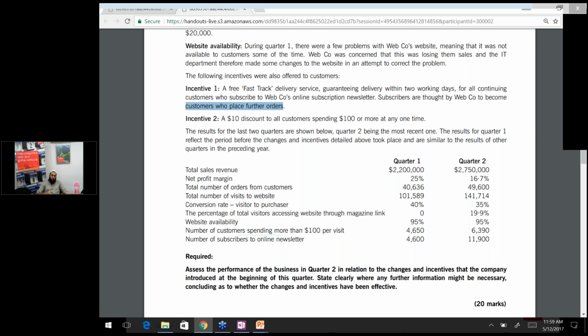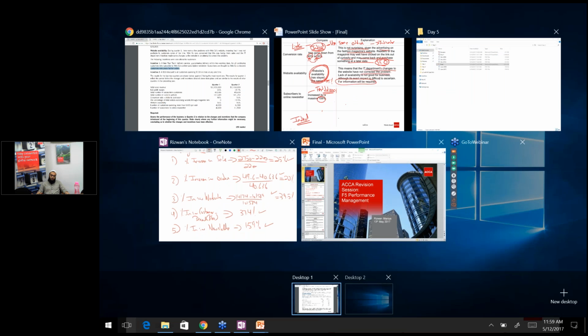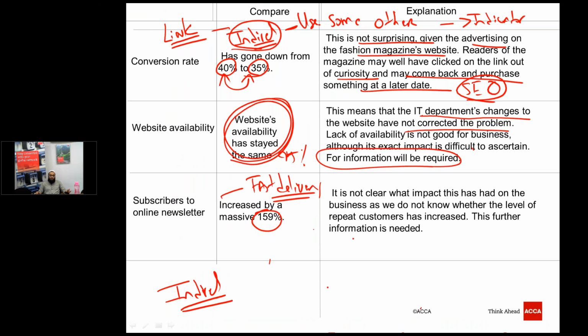You don't have information on the repeat customers. So yes, the reason is the fast track delivery service, which was mentioned in the question, but it's not clear what impact this has had on the business, as we do not have repeat customer figures and further information is needed here. Got it, guys?